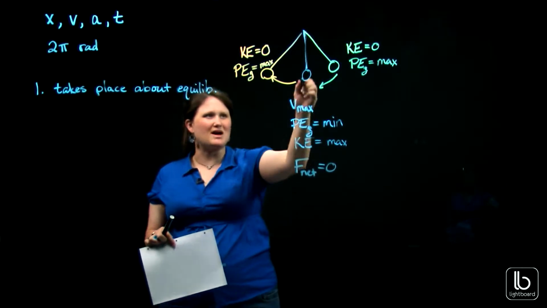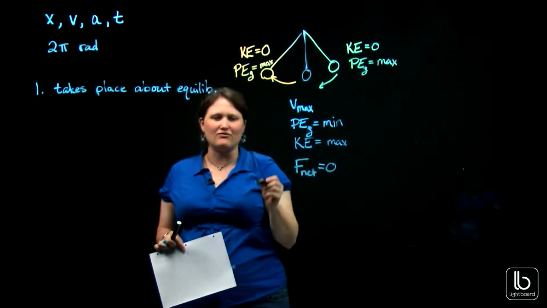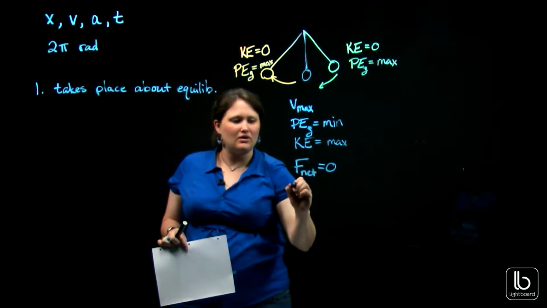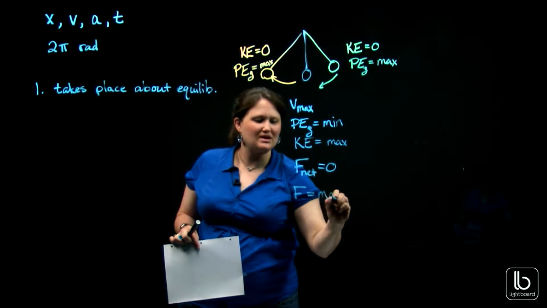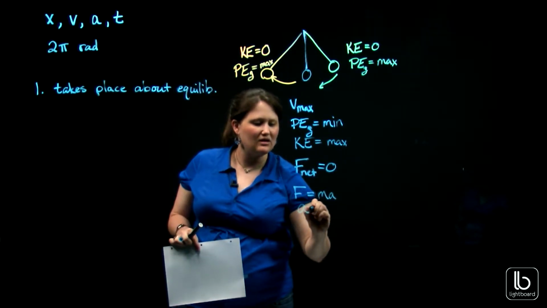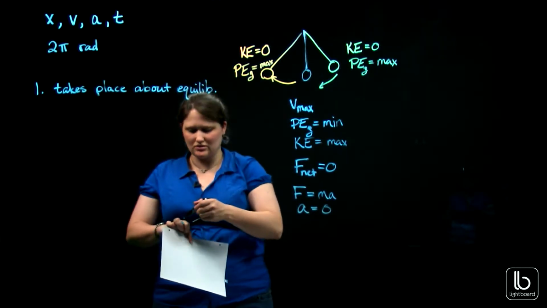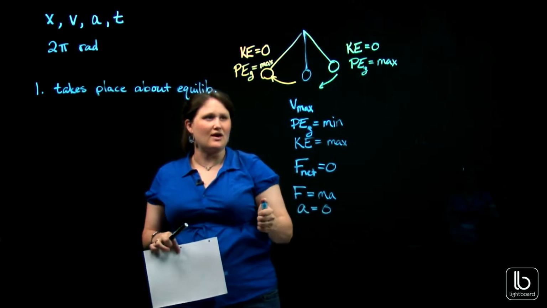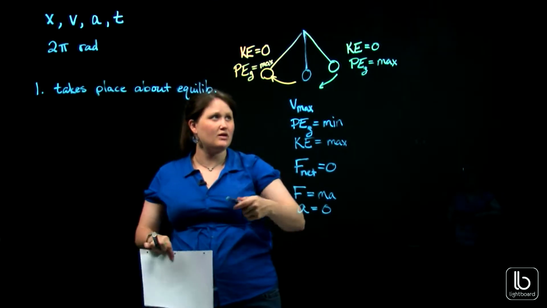What does that mean about my acceleration as I move through this point where my net force is 0? Well, remember, Newton says that force equals mass times acceleration. So that means my acceleration is 0 at that point. So I know I have a maximum velocity, I have a 0-point acceleration.